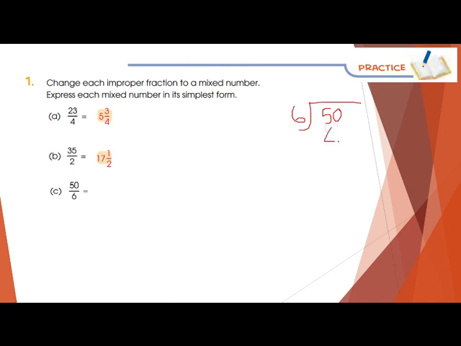So we will write 48 over here and you know that we have to subtract it, and the answer is 2. So you have to write 8 whole, 2 upon 6.